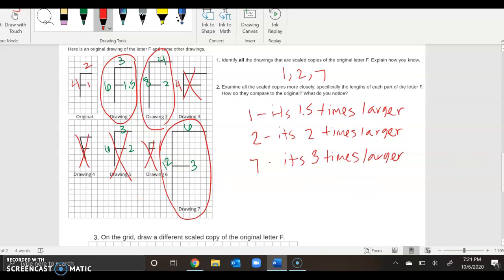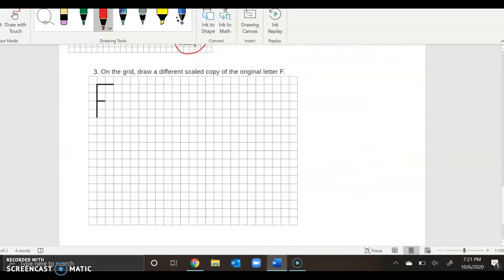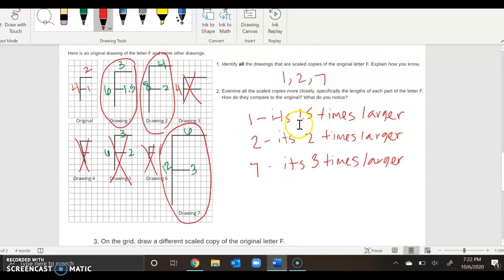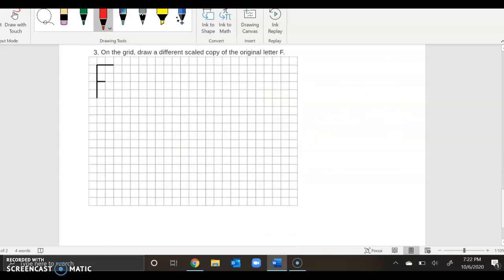So our last one here says on the grid, draw 2 different scaled copies of the original letter. So we've already done 1.5, 2, and 3. So let's do 4 times larger. Okay, and it's the same letter F. This is 4, 2, and 1. So if I want it to be 4 times larger, if it was originally 4 units tall, this time it's going to be 16 units tall.